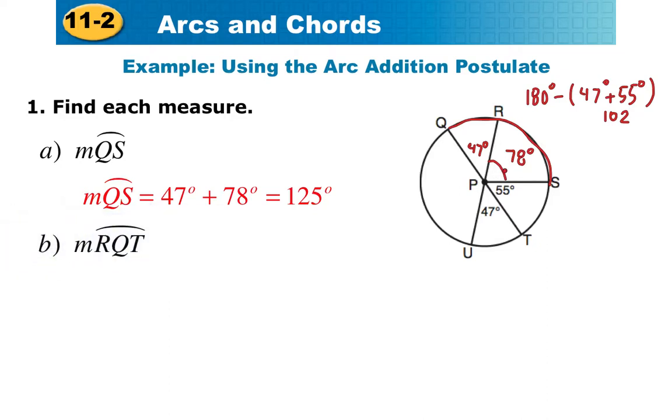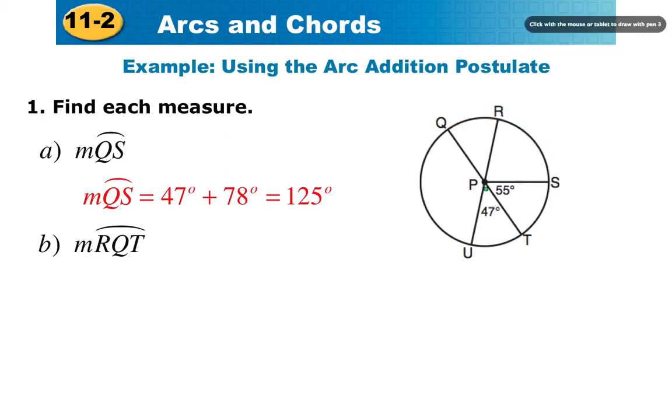Part B says find the measurement of RQT. In this case, I'm looking for RQT. Notice in this case it's a major arc. Again, this is still 47 degrees, vertical angles.